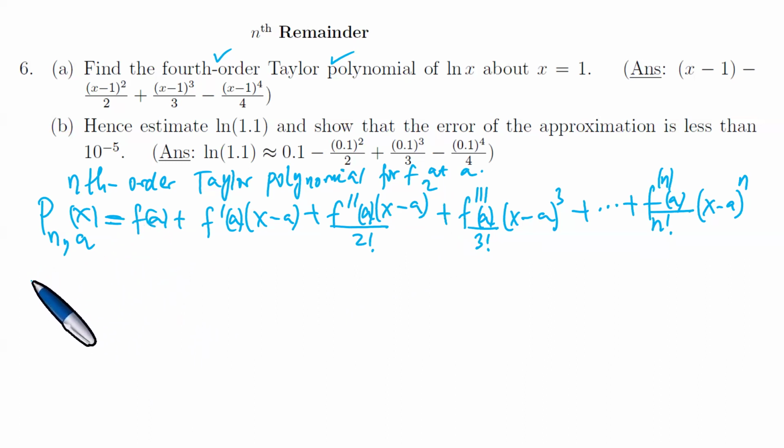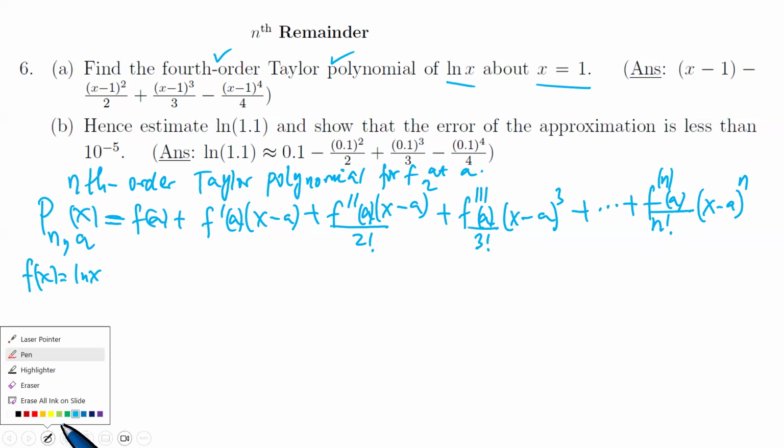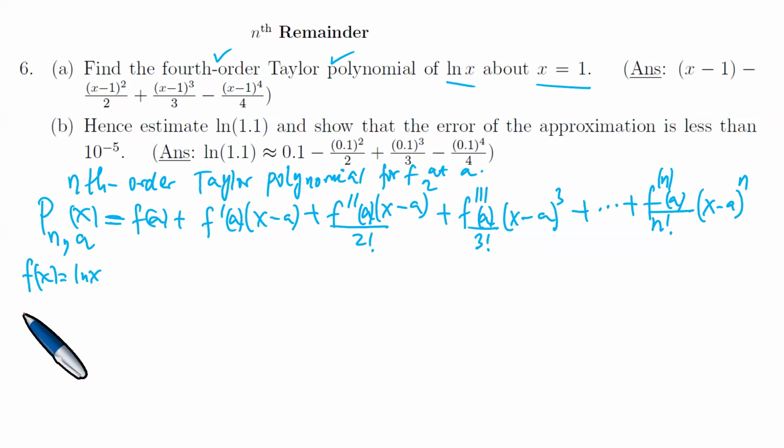So we do the same things like we've been doing. We find the derivatives. Okay, but now it is find the fourth order polynomial of ln x about x equal to 1. So f of x is ln x. Choose some different color, perhaps red. Let's find the derivative. What is the derivative of the ln? It's 1 over x.